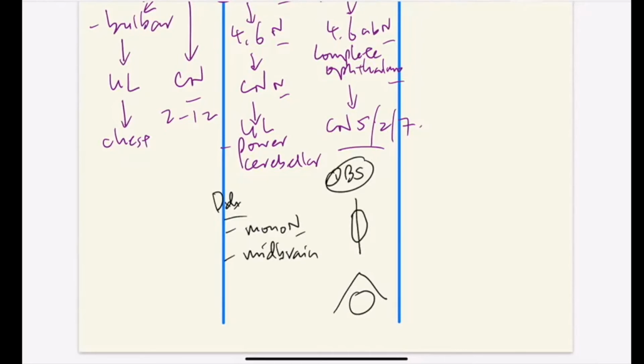Then they come across the cavernous sinus, go through the superior orbital fissure, and then reach the retroorbital space before they supply the eyes. And along this course, the 5th nerve, the 2nd nerve, and sometimes the 7th nerve are associated with the 3, 4, and 6 abnormality or palsy.